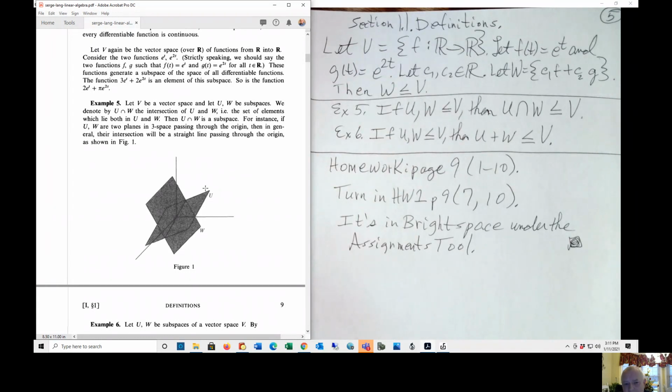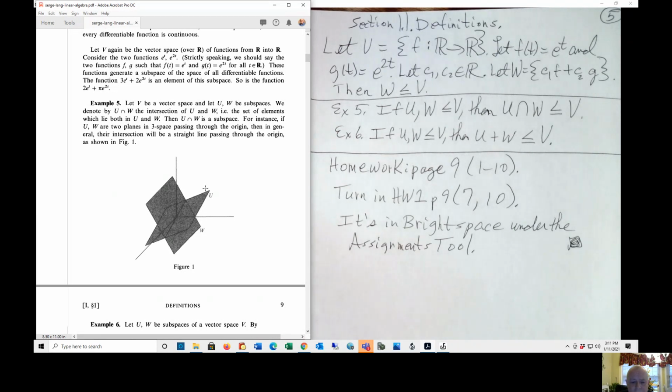What is that? In R3, that's the intersection of two planes, isn't it? And that picture shows two planes intersecting in a line. All right? And of course, we know they can intersect in just a point as well. And then example 6, that if U and W are subspaces of V, then their sum, U plus W, is also a subspace of V.